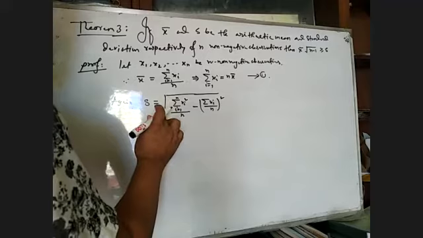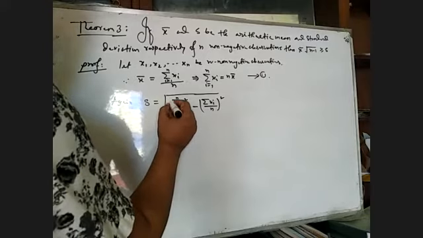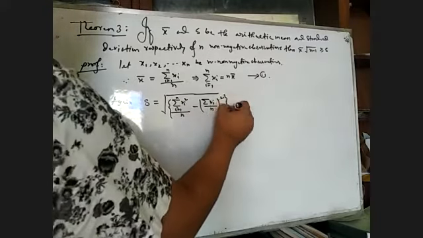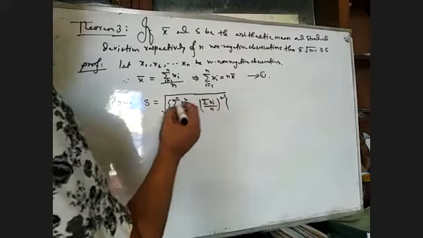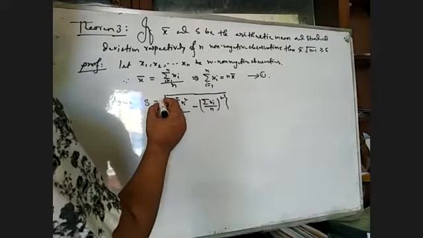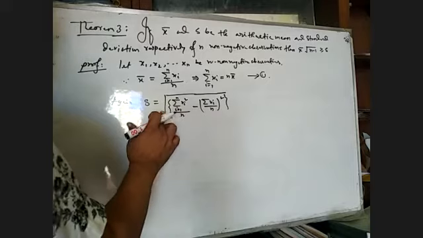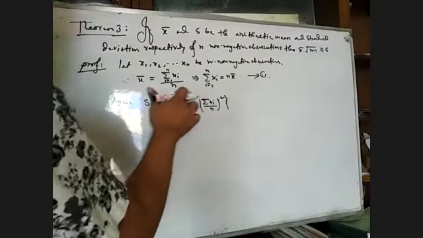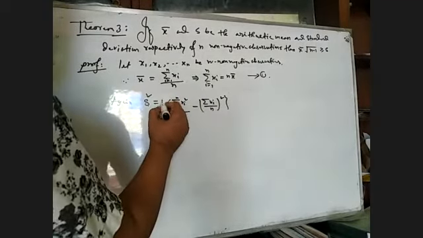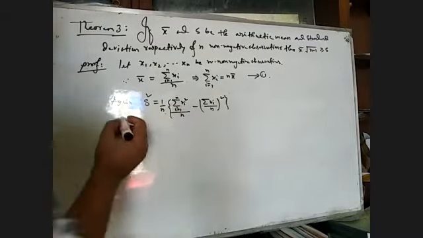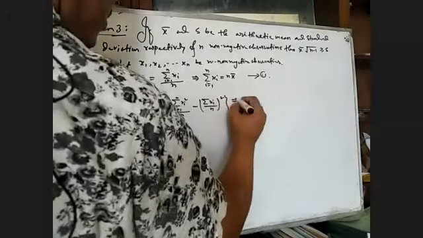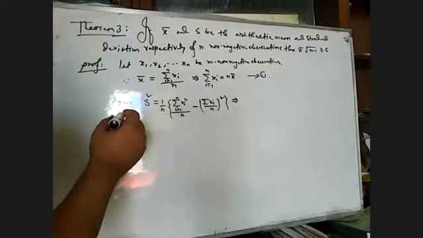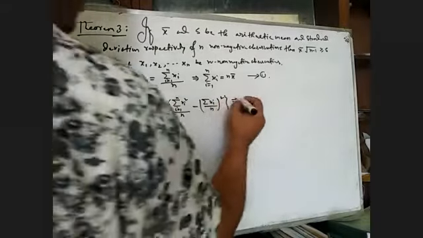That means you can write s square equals 1 by n. So from this line, this is the standard deviation formula.